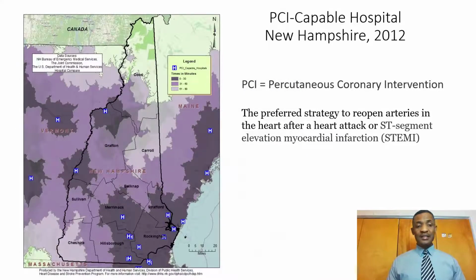This map is a very beautiful one. I loved it. I created this map in 2012, so it's a little bit old. But this map shows us, in the northeast area of New Hampshire, the location of all the PCI capable hospitals in and around New Hampshire, which is the location of hospitals that can do cardiac intervention, that can reopen arteries after a heart attack.